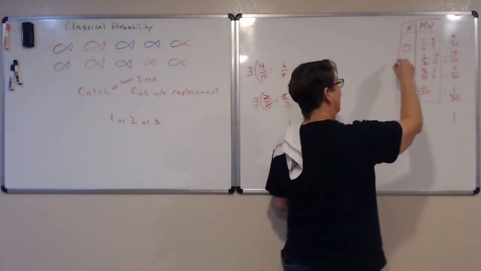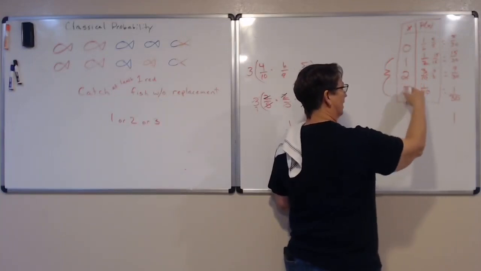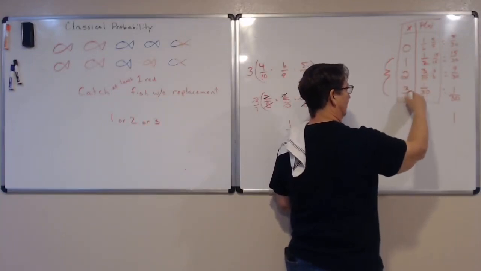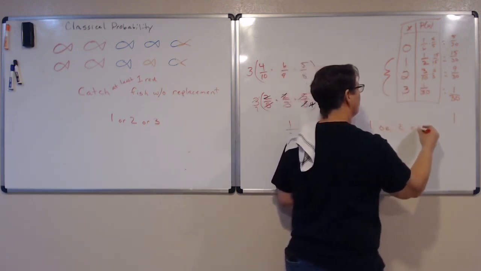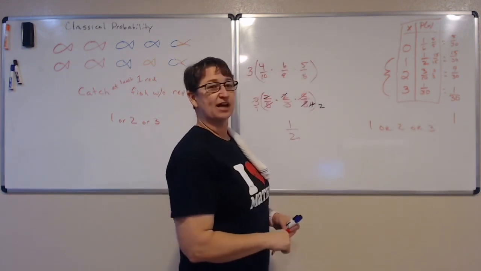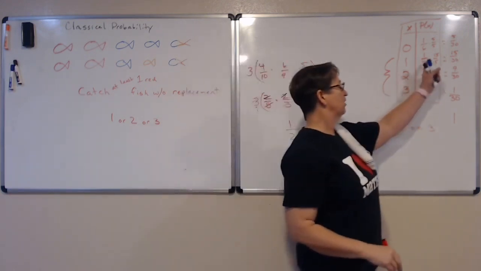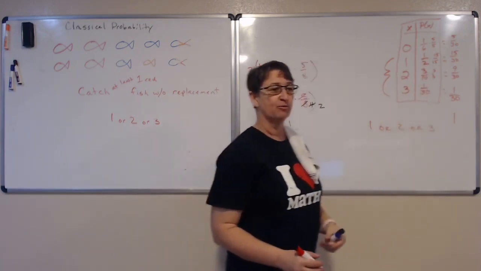So I've already done 1 and 2 and 3. What I could do is add them all together. I could take 1/2 plus 3/10 plus 1/30 and add those together.